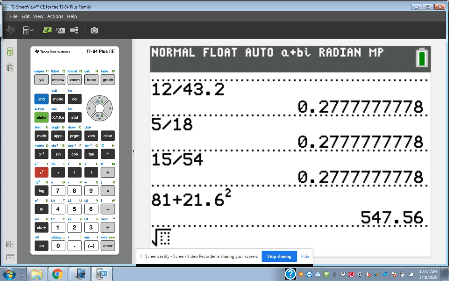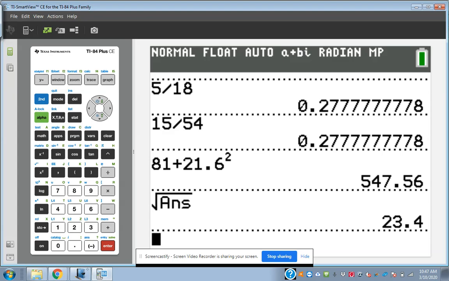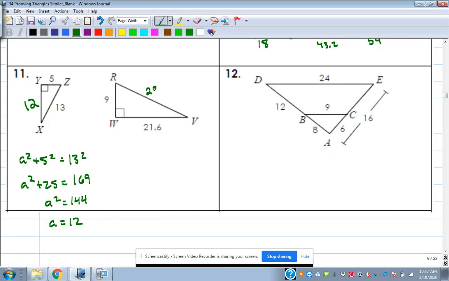Take the square root of that. 23.4. And now we can check our ratios. 5 over 9, 12 over 21.6, and then 13 over 23.4. Do they all equal the same thing?